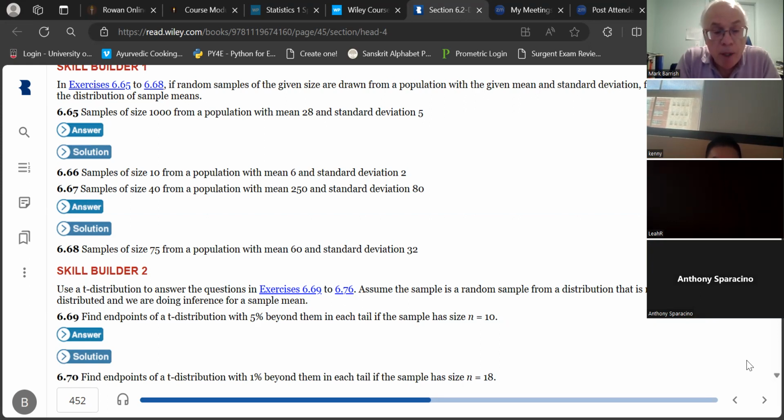Now, the problem with the TI-83, and it's the only problem for this course, it's not a big deal, because I have a solution for it, is there's no inverse T listed in the TI-83. That was created for the TI-84 calculators way back when.